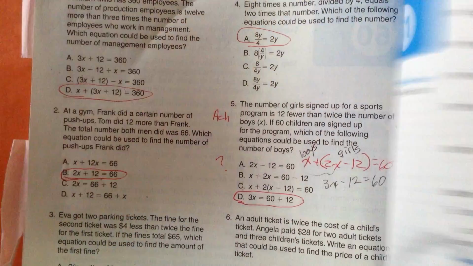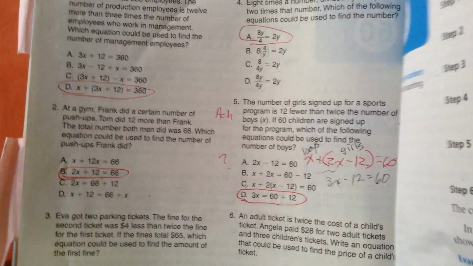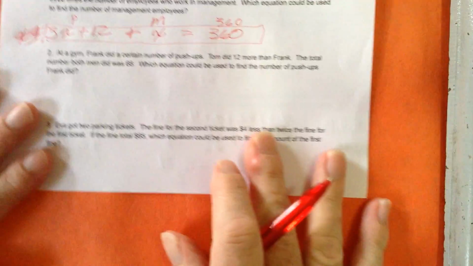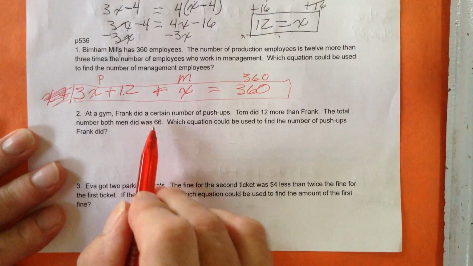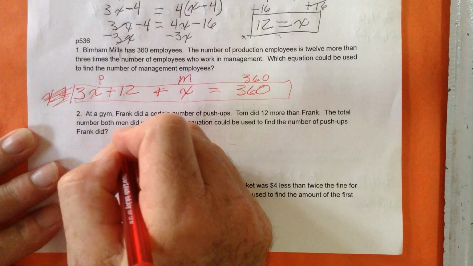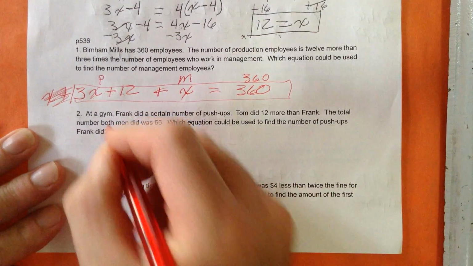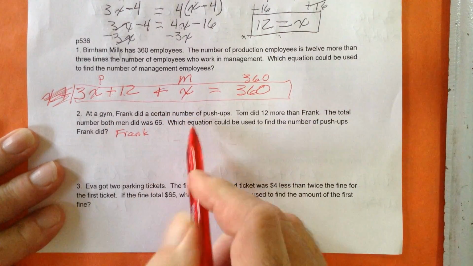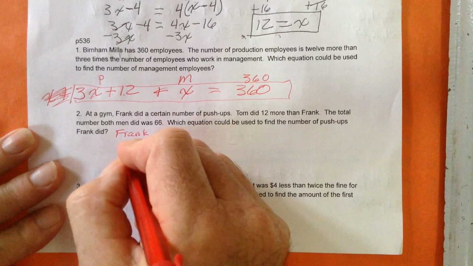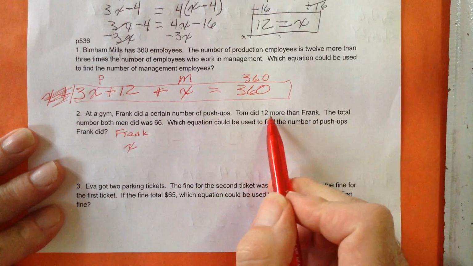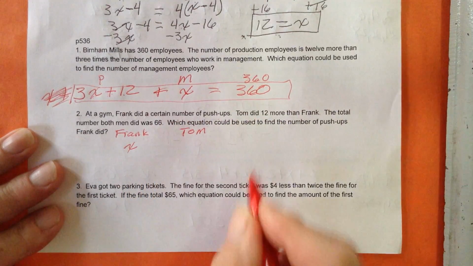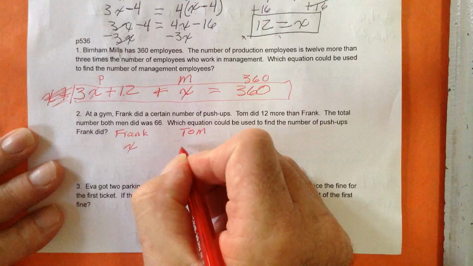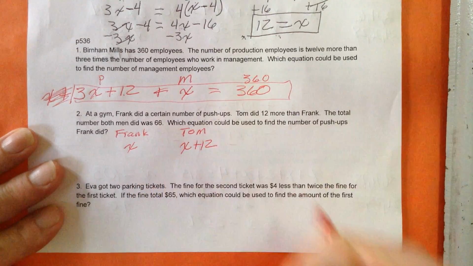Just like number 2. I went ahead and circled them. Frank did a certain number of push-ups, so we don't know how many push-ups he did. Tom did 12 more than Frank, so he did the number Frank did plus 12 more.